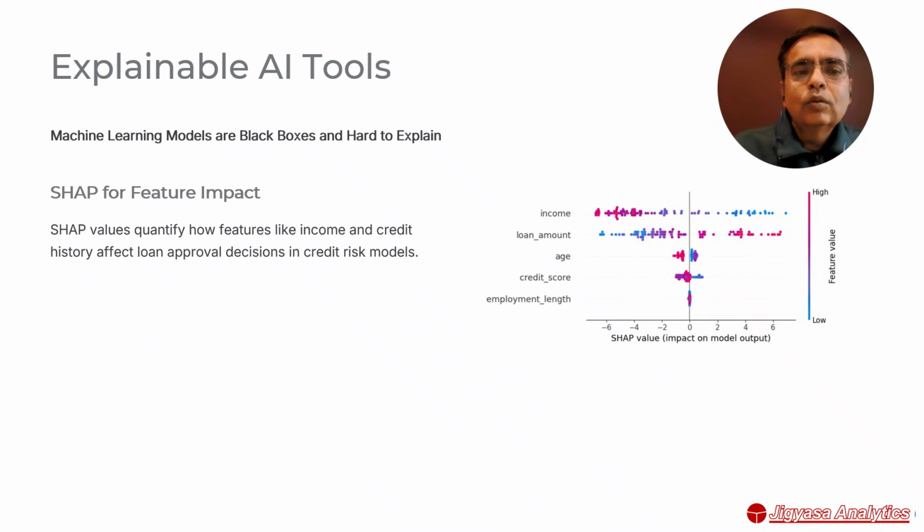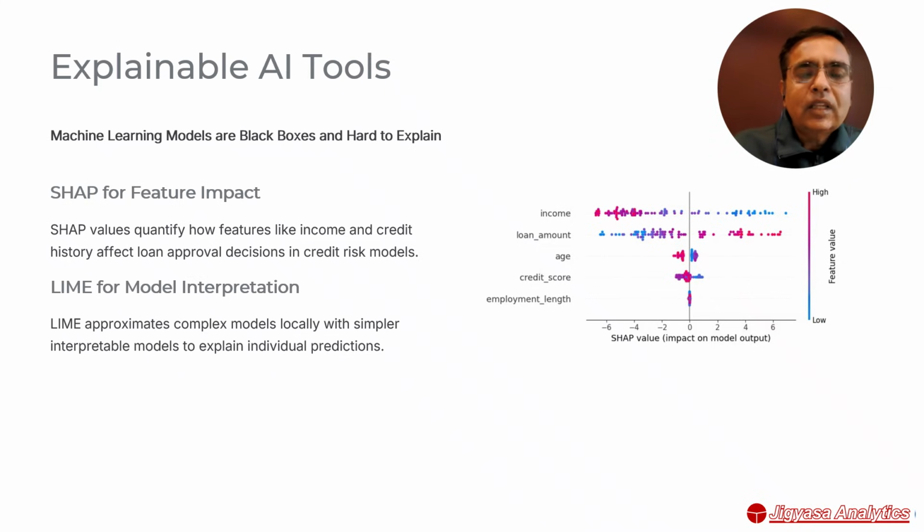So even though you started with a black box, creating this SHAP feature impact helps you understand and better explain that machine learning model you are deploying. And then there is another tool, again available as part of Python packages, called LIME.